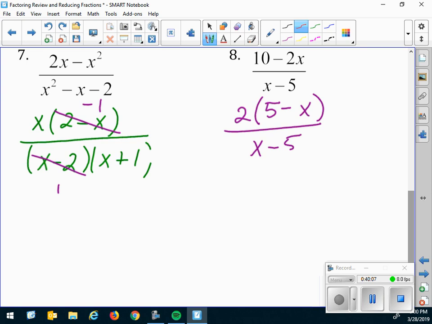What do you see? These will cancel, provided I put a, well, it's -1 times 2. Anything left in the bottom? There you go. Yeah, don't forget those negatives.